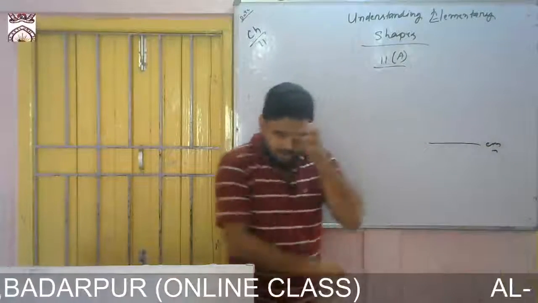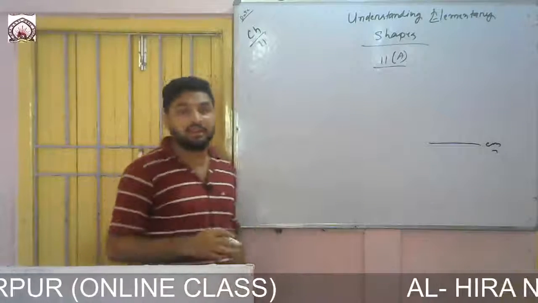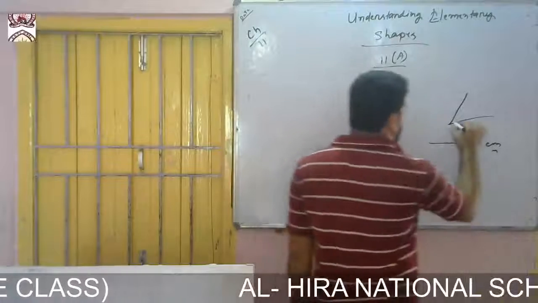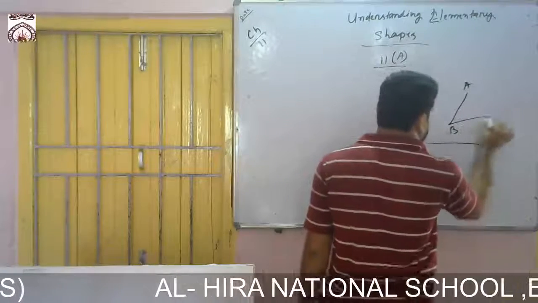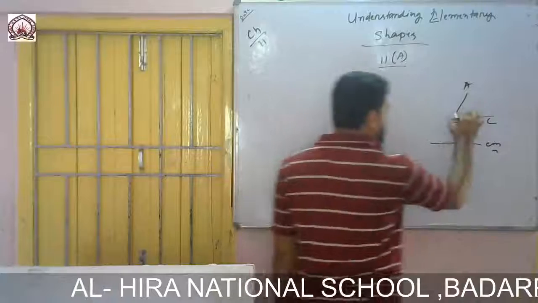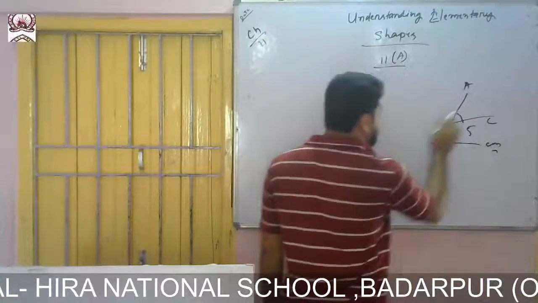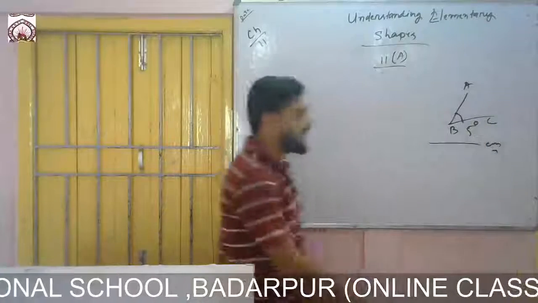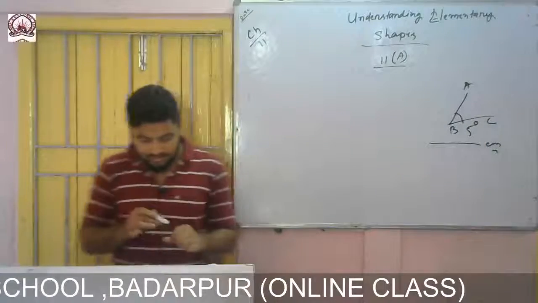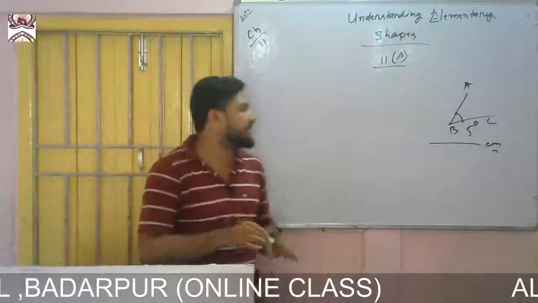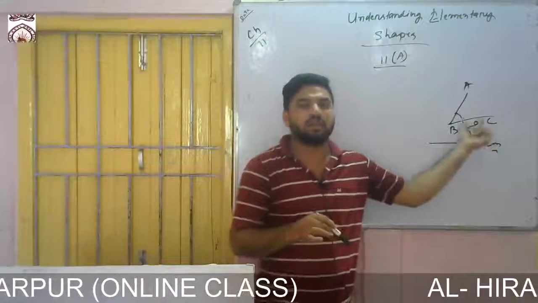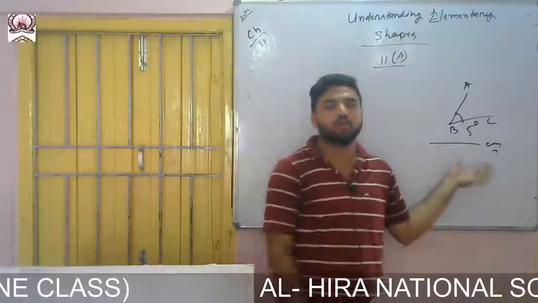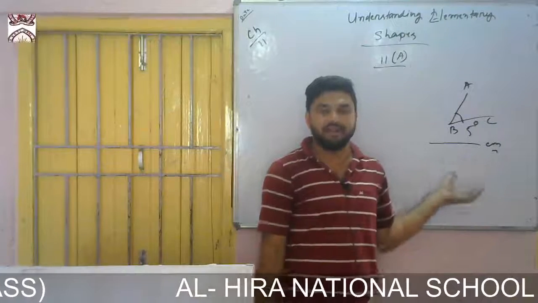And while measuring an angle, suppose ABC is an angle, and we have measured it as 5, then we use degrees. So the unit of an angle is called degrees, but for length we call it centimeter, meter, then kilometer.